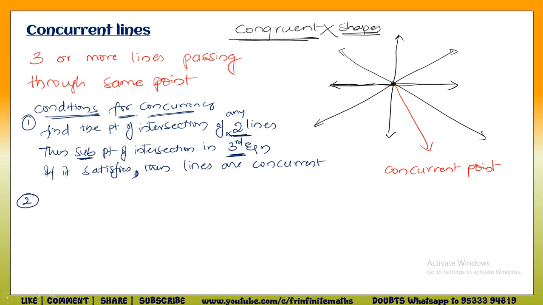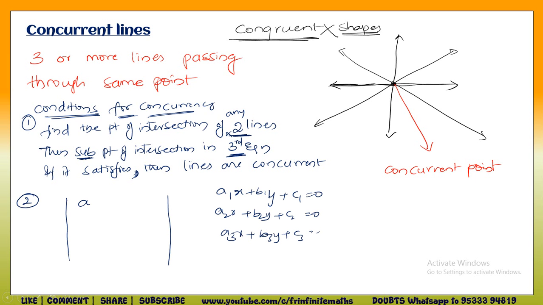Next, the second one: simply find out the determinant obtained by the coefficients of the given lines. Suppose the first line is a1x plus b1y plus c1 is equal to 0, the second line is a2x plus b2y plus c2 is equal to 0, and the third line is a3x plus b3y plus c3 is equal to 0.